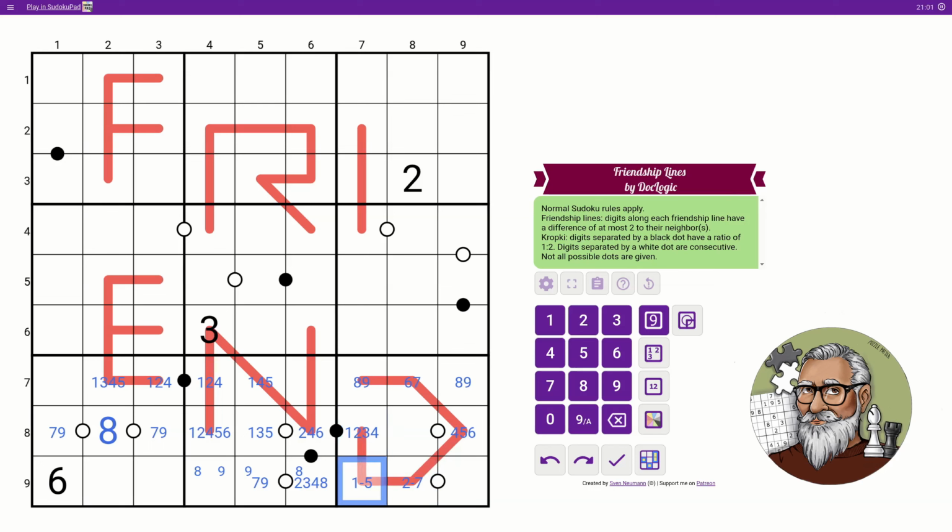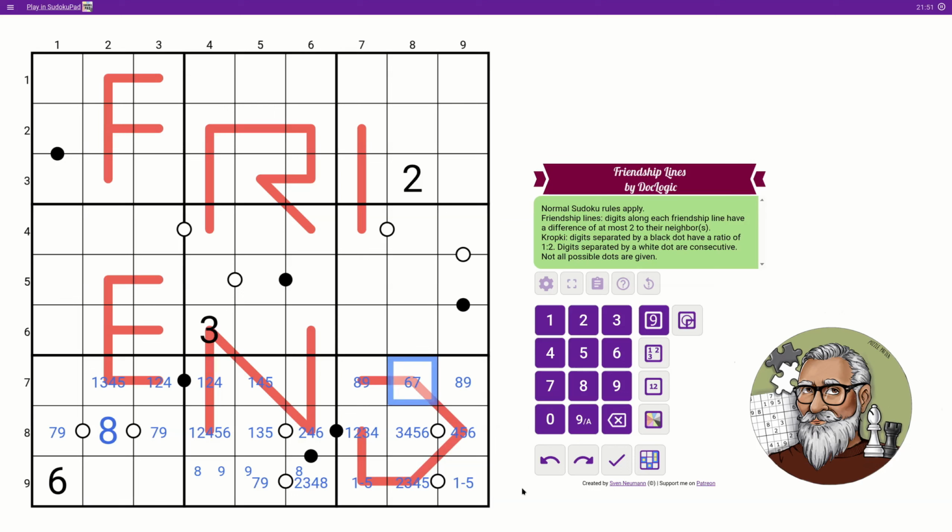I am not sure if that helped. Oh, this one can't be 7 because we can't have 8 or 6 here. Oh, there's no 6 as well. Yeah, so this one can't be 7. This is a maximum of 5.